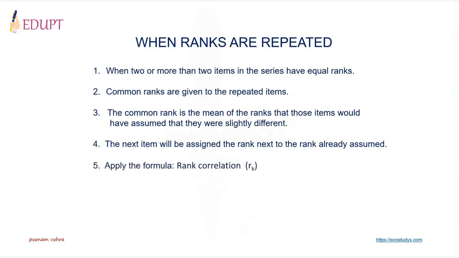After that, apply the formula: rank correlation is 1 minus 6 into sigma d square plus 1 by 12 m1 cube minus m1 plus 1 by 12 m2 cube minus m2, the whole thing divided by n cube minus n.